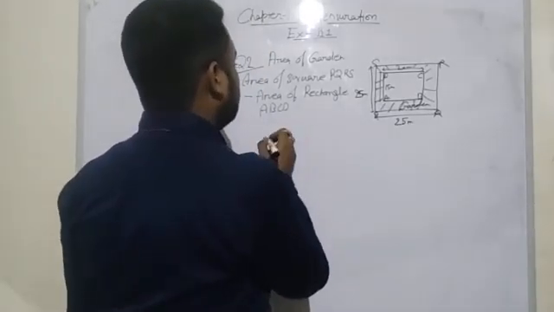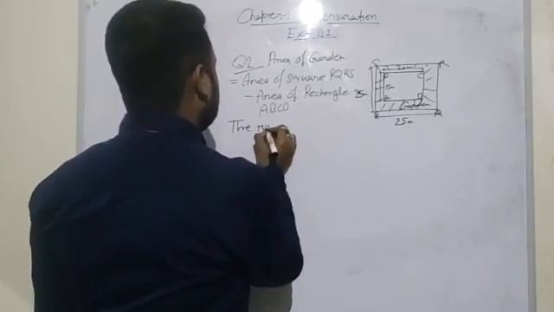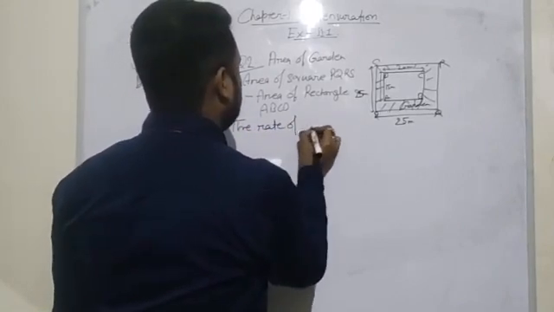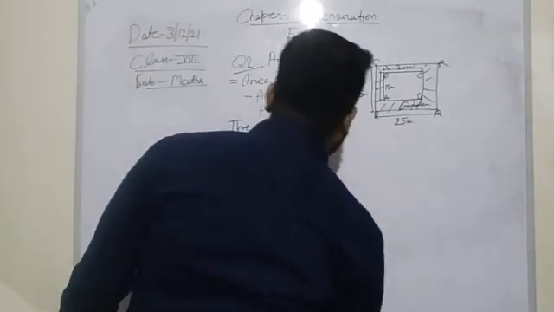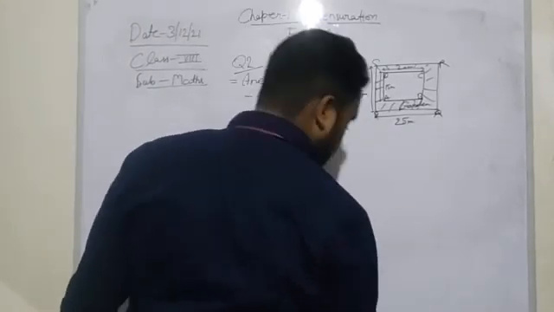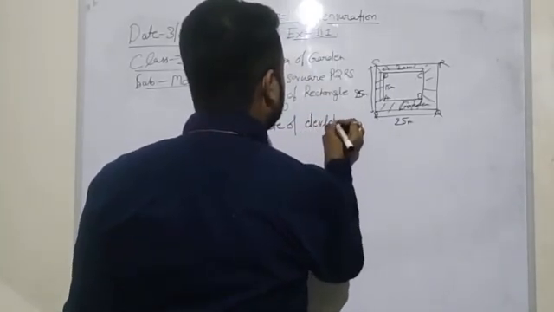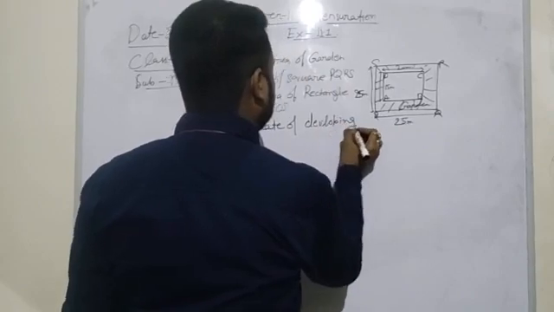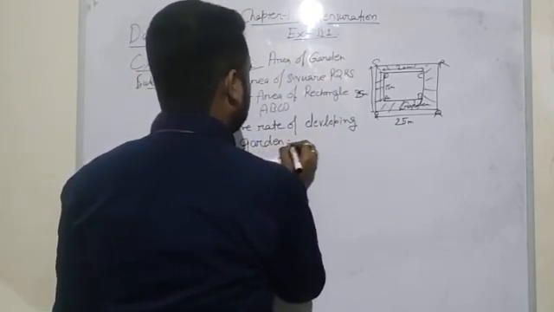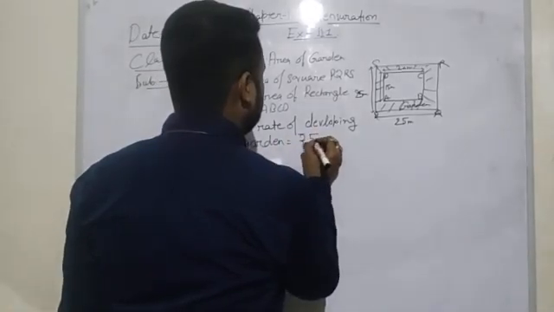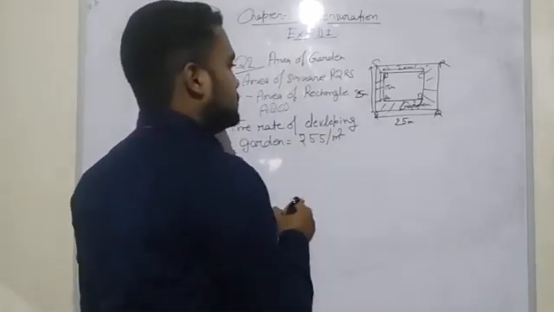When you find the area of garden, it is given in the question that the rate of developing garden is rupees 55 per meter square.